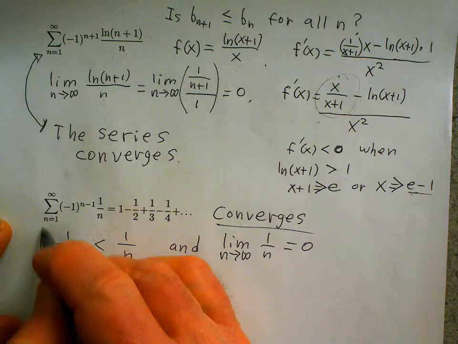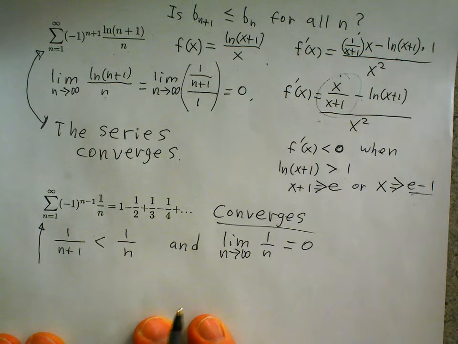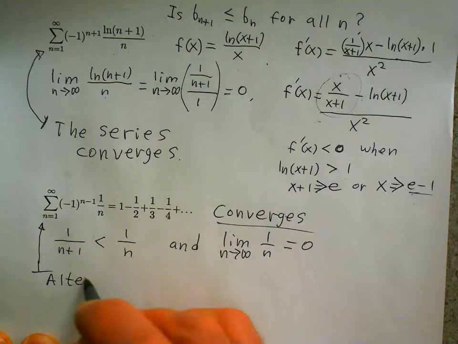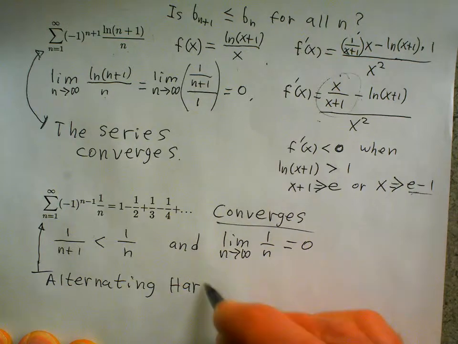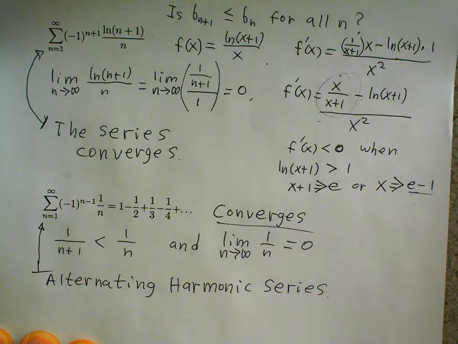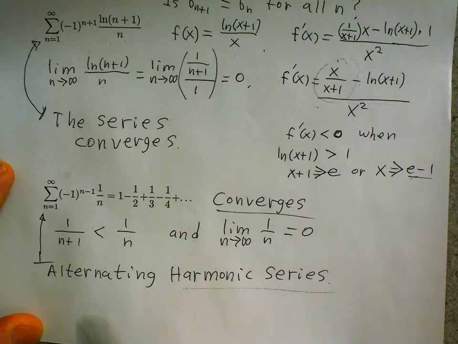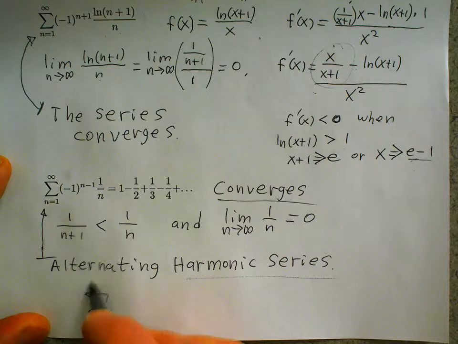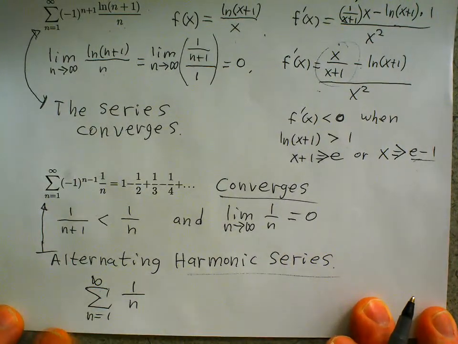This is a somewhat famous infinite series. It's called the alternating harmonic series. The harmonic series is perhaps more famous. The harmonic series is not alternating, but it's the series where the terms are 1 over n as n goes to infinity.